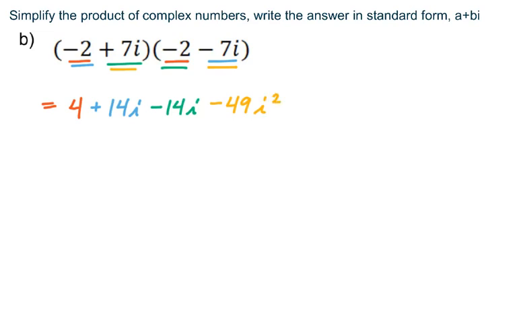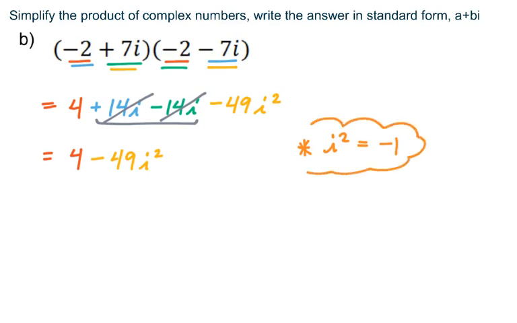squared. So you'll notice when we look to start simplifying, those two inner terms, positive 14i and negative 14i, cancel out. So that leaves me with 4. And then I have minus 49i squared. Of course, this is where we need to remember what we know about i squared. i squared is equal to negative 1.